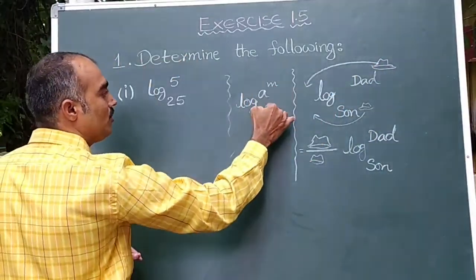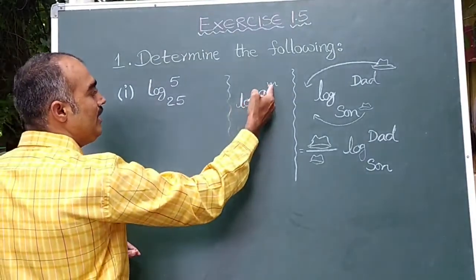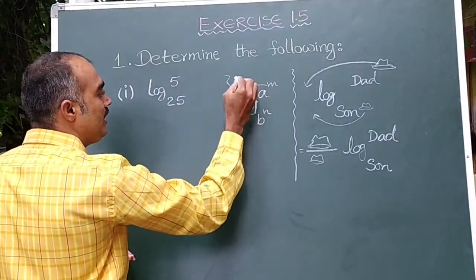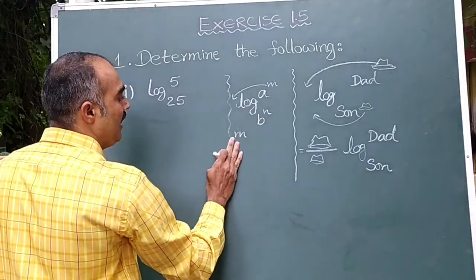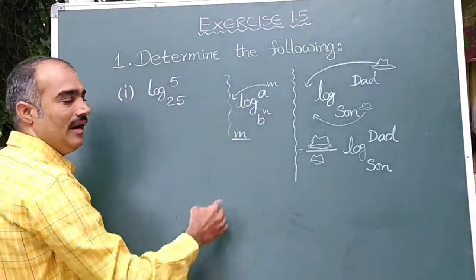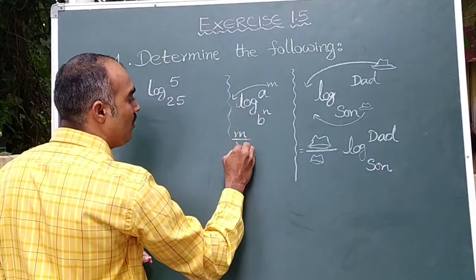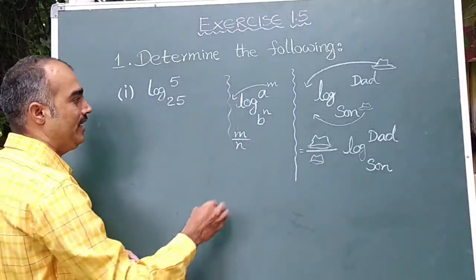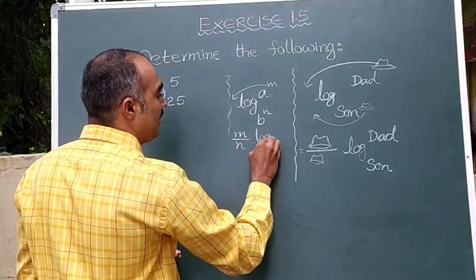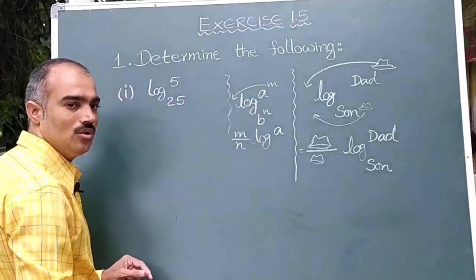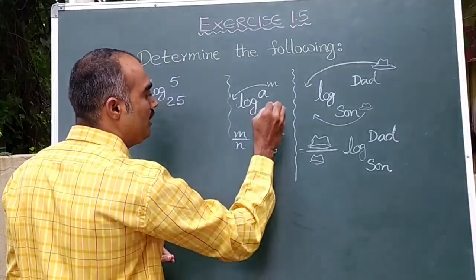So dad's cap comes here, it is m, and this is the table, and the son's cap falls down the table, so it is m by n. Log, here dad is alone, so a is alone, and son is also alone, so b is also alone.